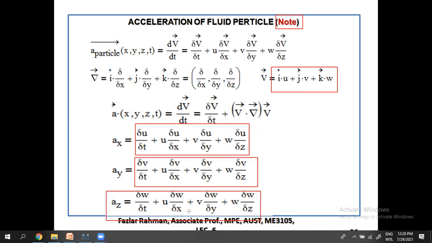Okay, and you see that the acceleration has four terms. This one is the derivative: v into del u by del y, w into del u by del z, but all of them have a function del u by del t. If it is a steady flow, then what will happen? Del u by del t will be equal to 0.